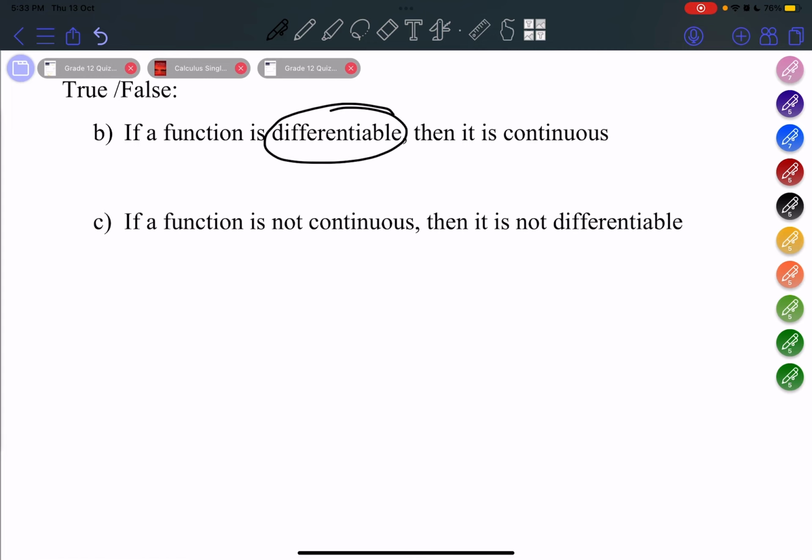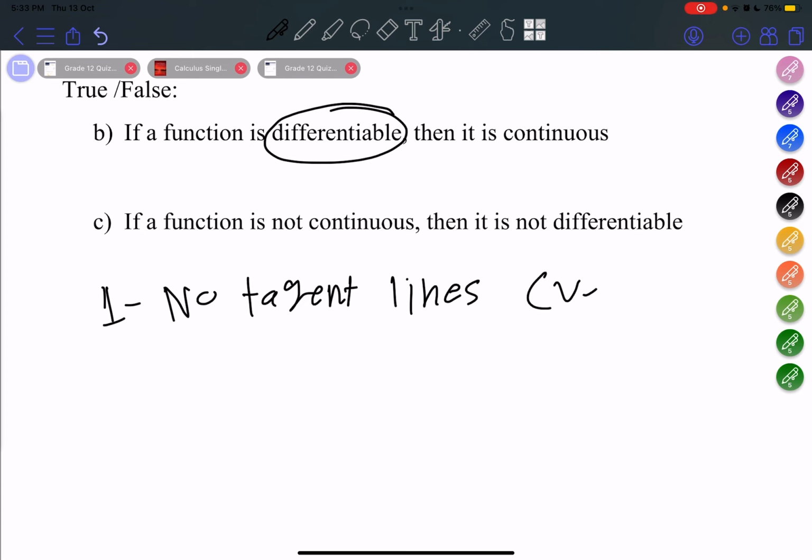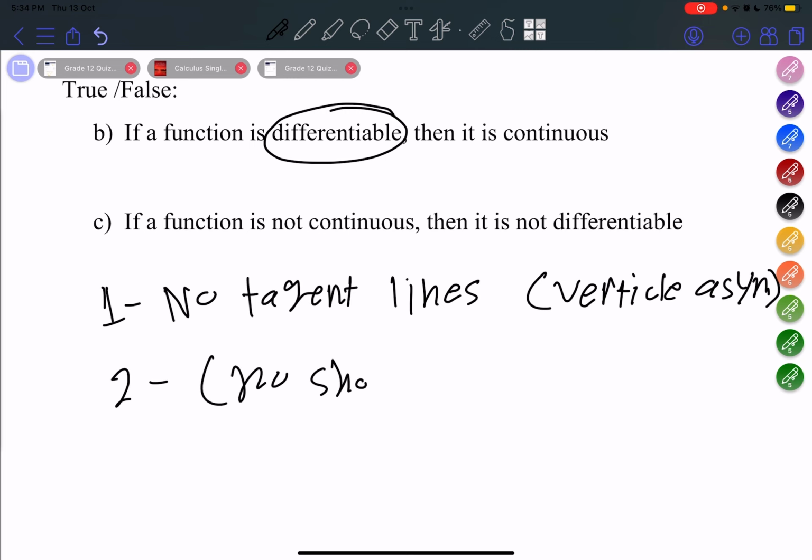So our first rule is no tangent lines. Tangent lines. What do they mean by this? Vertical asymptotes. Okay, this is the first rule. Second rule, no sharp corners.